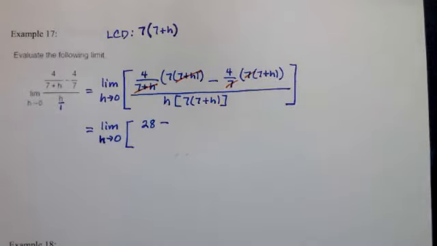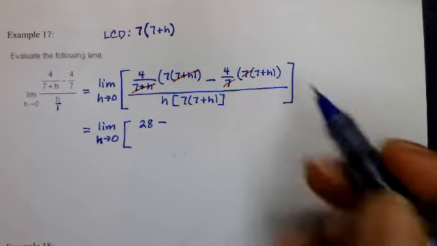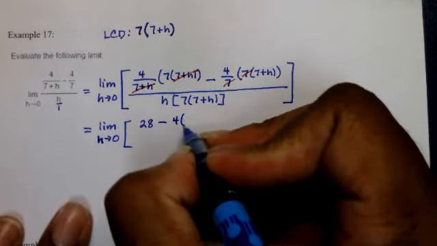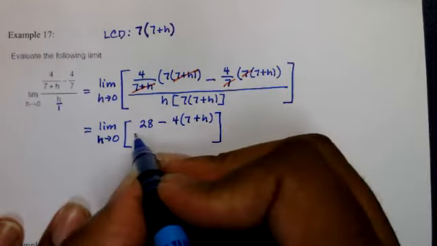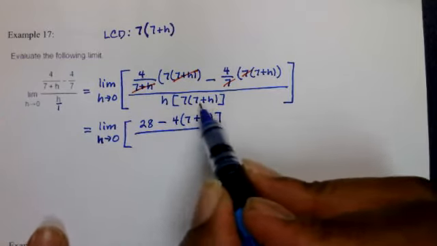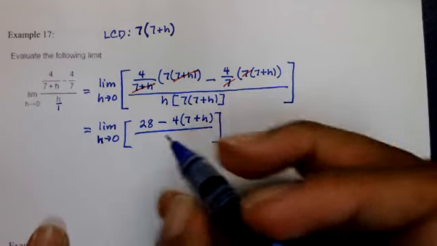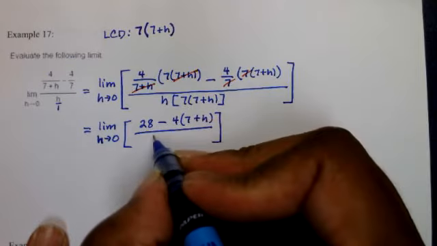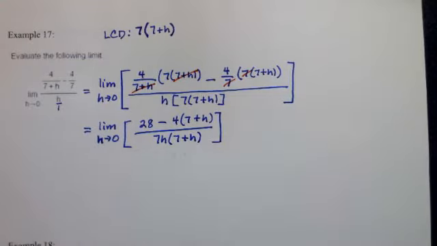These 7s divide out. So I'm going to be left with 4 times parentheses 7 plus h. And the denominator, this right here, h times 7 times the quantity 7 plus h, I'm going to do this 7 times h, that's 7h. And then I'm going to leave the 7 plus h on the outside, because I'm not going to simplify what's in that denominator.